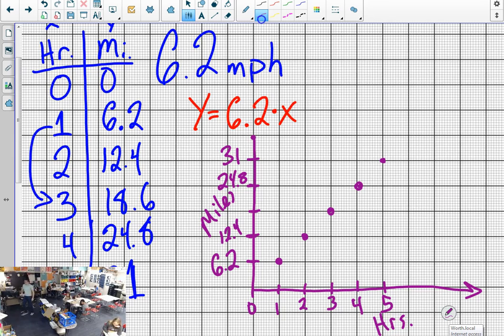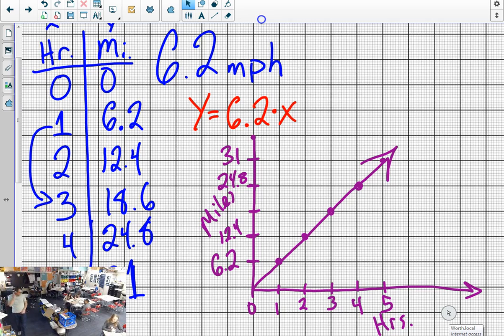It's like my favorite game as a kid. Seriously, connect the dots. Draw the line to show that it's proportional. Put an arrow on the end. They could keep running, and that'll keep going. Dumb question. Is this proportional? Yeah. You know, all of a sudden they ran 50 miles. Things like that can't happen, right? That's why we have proportional relationships.